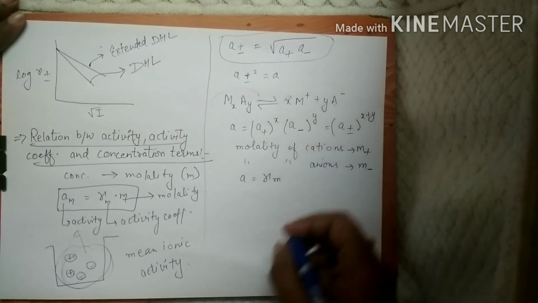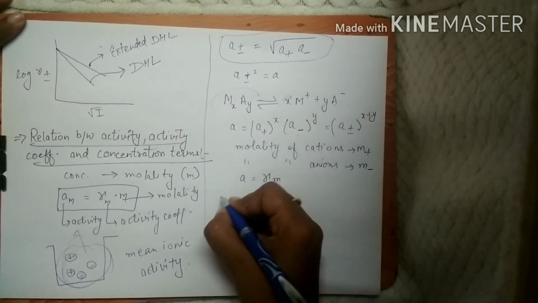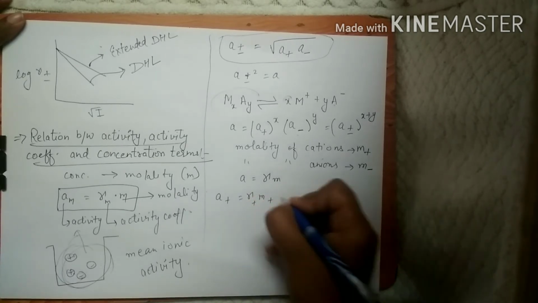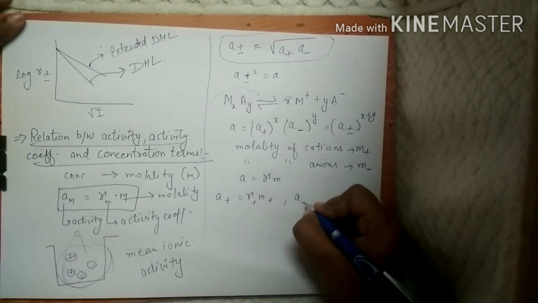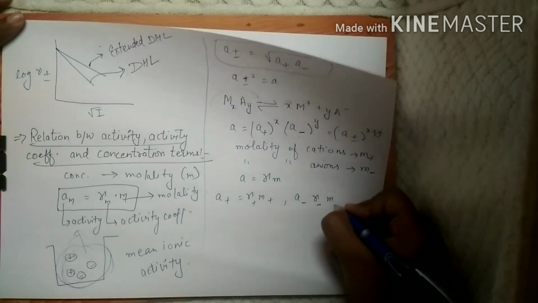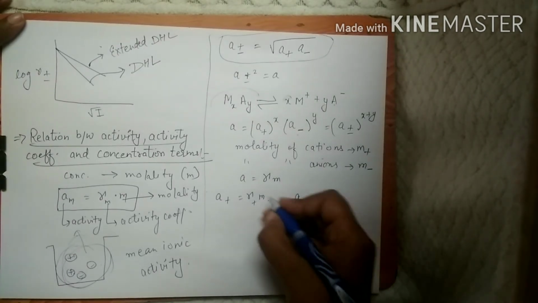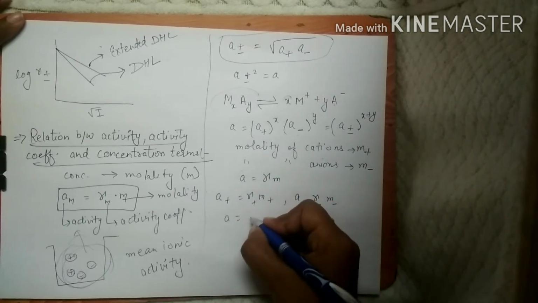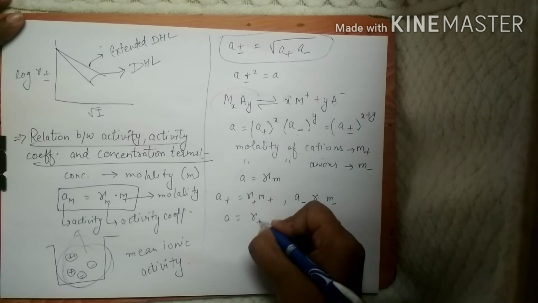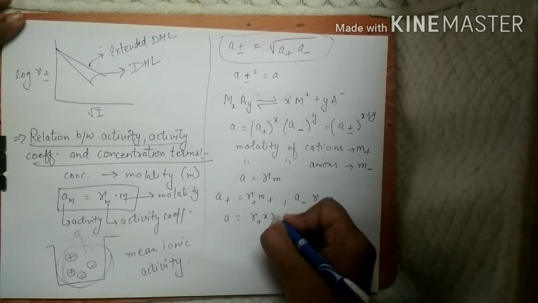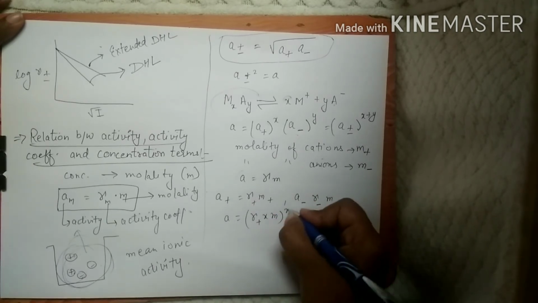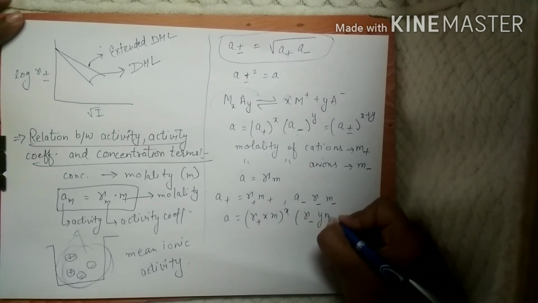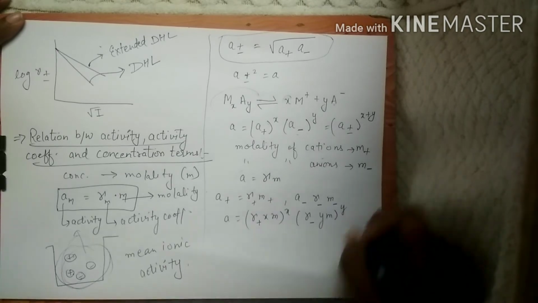I know A positive is equal to gamma positive into M positive. Similarly, A negative is equal to gamma negative into M negative. If I want to find out the value of activity, then I can say it will be equal to gamma positive into M positive whole to the power x, into gamma negative into M negative to the power y. See what I have done?